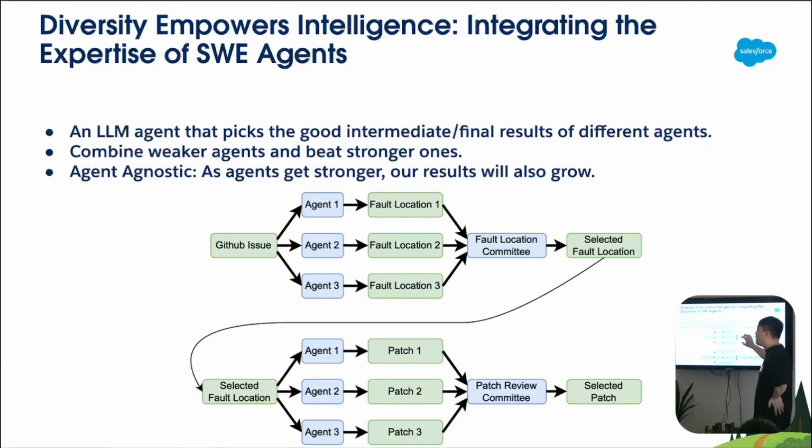We're able to spend more budget on inference time to get better performance, and we're also leveraging the expertise of different agents at different stages across different trials. But the question is, how do we design this committee then?